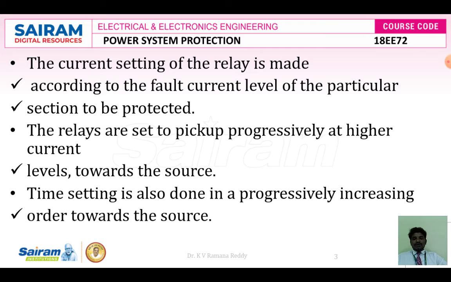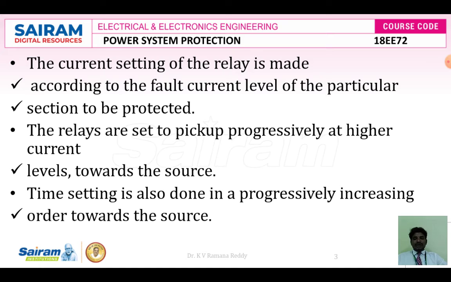Generally the time delay is 0.5 seconds beyond C, from section C to B another 0.5 seconds, making 1 second, and from section B to A another 0.5 seconds, making 1.5 seconds.